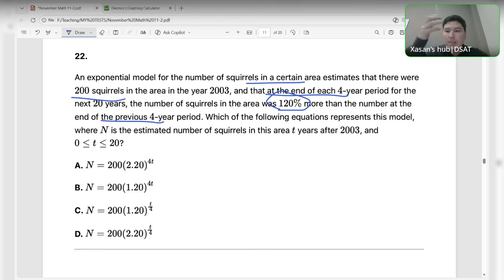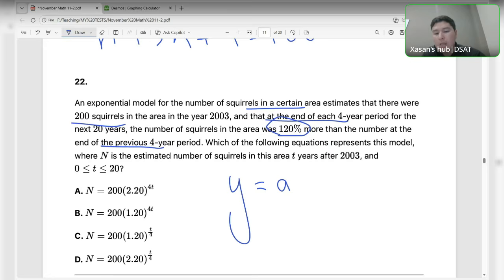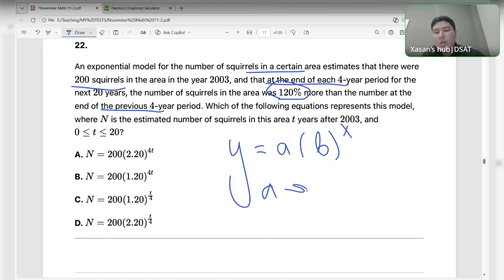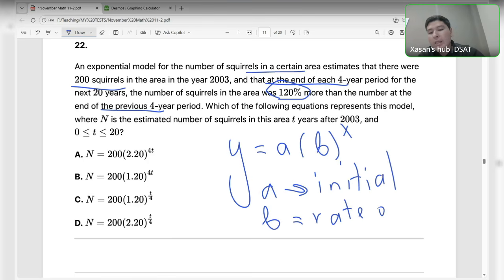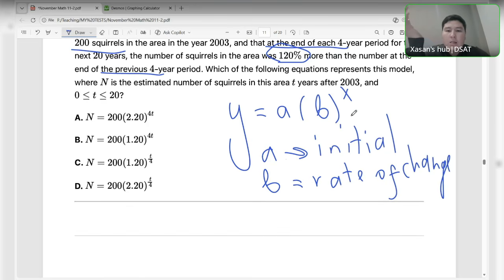Since these are exponential functions, the general form equals a times b to the power x. Here a is always your initial value, and b is the rate of change, how your function is increasing or decreasing, and x is the time.